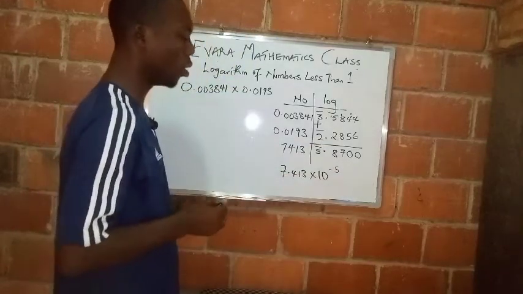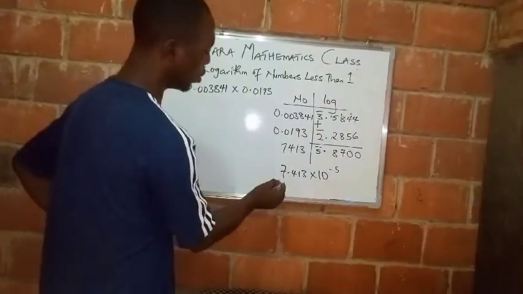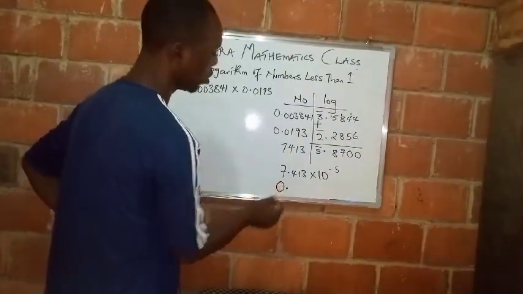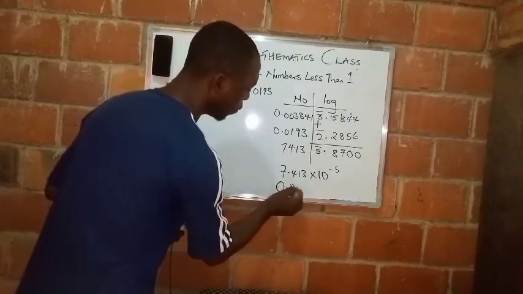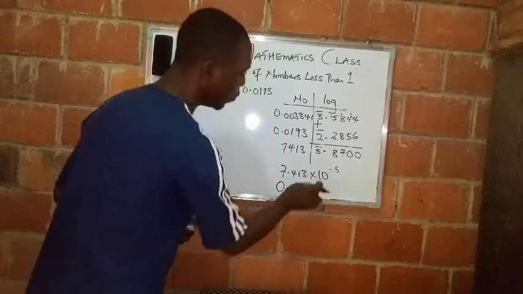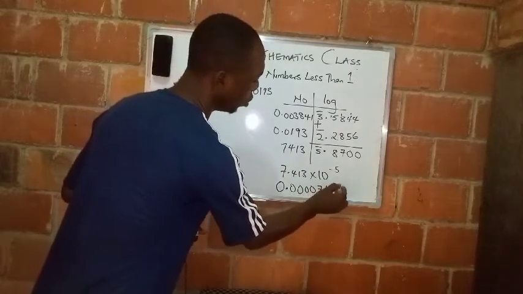Or if you are to write it in decimal form, it's going to be 0. Since we have bar 5 here, that means we'll have 4 zeros. Then the fifth digit will be this 7. Then you put the remaining numbers.